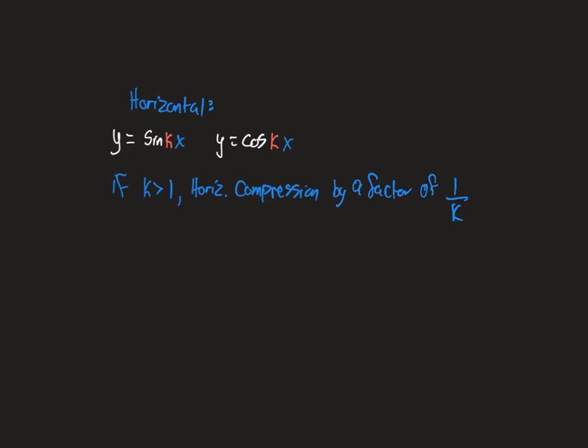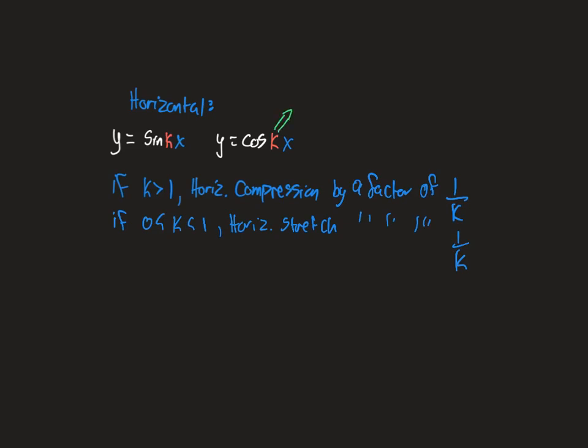Okay? And if 0 is less than k, which is less than 1, so basically if it's a fraction, where before it was a compression, now it's going to be a stretch. By the same thing, 1 over k. Always by reciprocal. Now in this case, the k also represents something, just like in the first case.